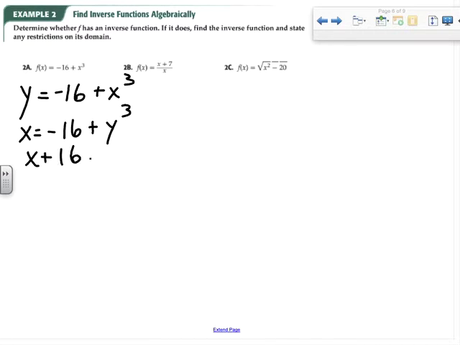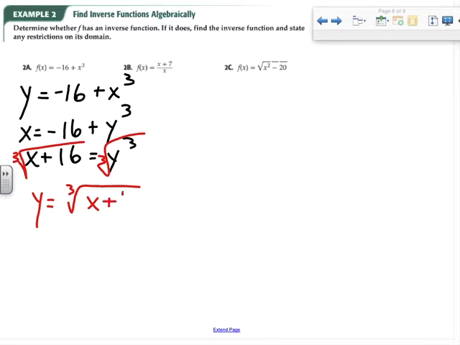So I have x plus 16 equals y to the third when I add 16 to both sides. And then I need to take the cubic root of both sides, and I get that y equals the cubic root of x plus 16.